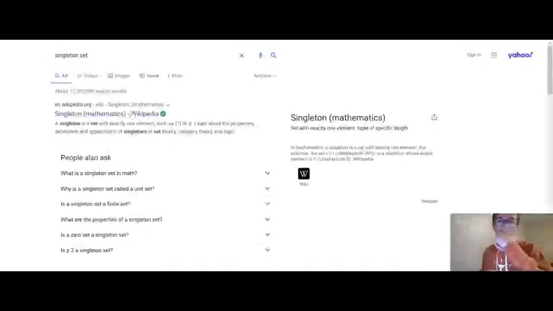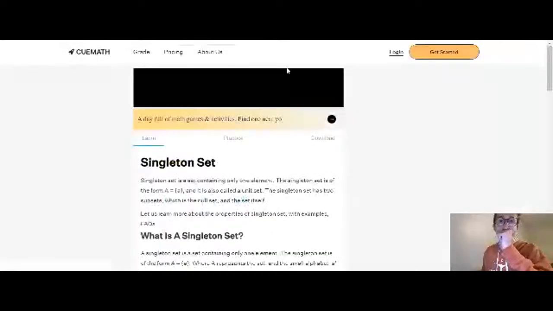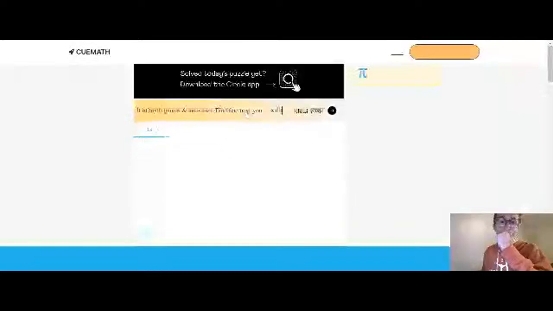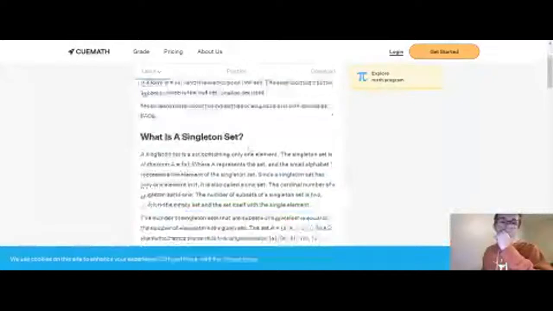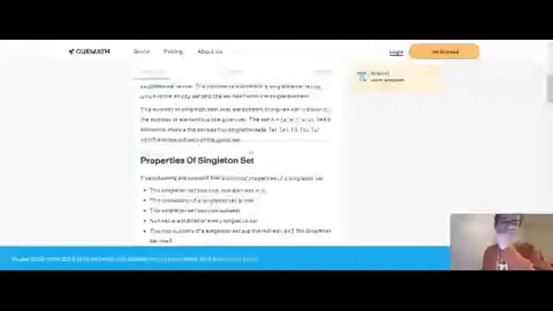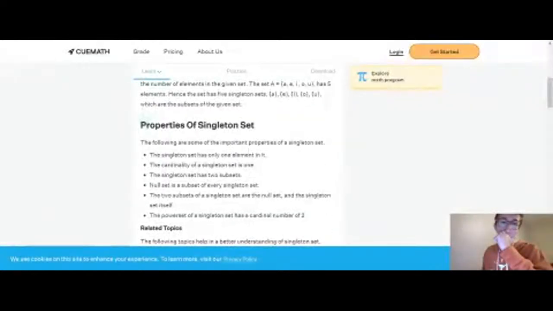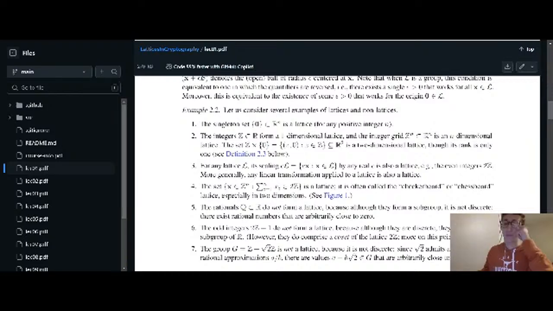Maybe I'm wrong. Let's see. I'm kind of curious. Oh, never mind. It only has one element. Oh, I see. I get it now. It just means that it has one element.